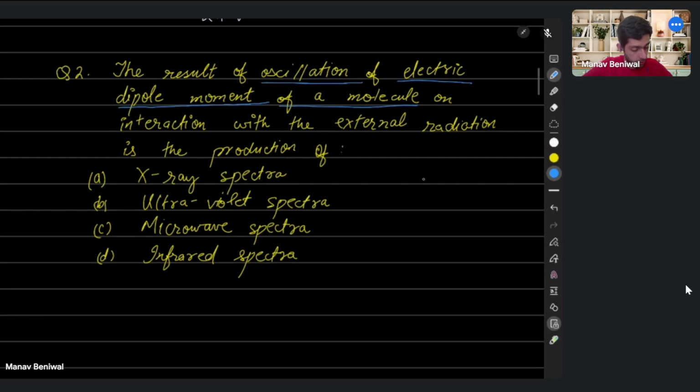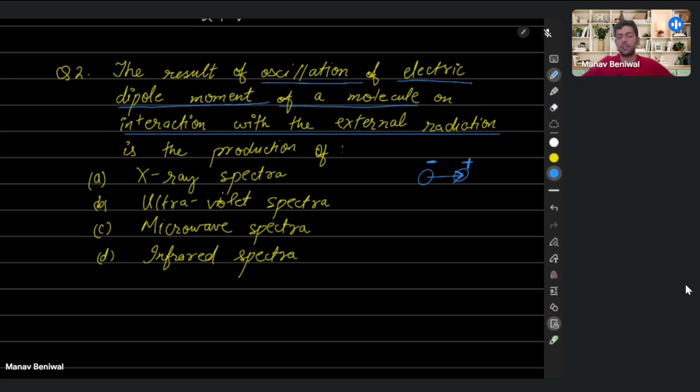Let's say we have a molecule, and these are the atoms. Let's say this is the negative atom, this is the positive atom, for example HCl or something, and we get a dipole like this. And this is interacting with external radiation.